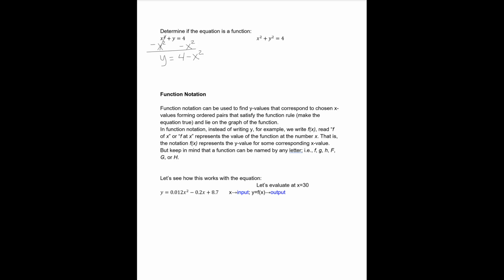So y depends on what we assign x. So let's let x equal 1.